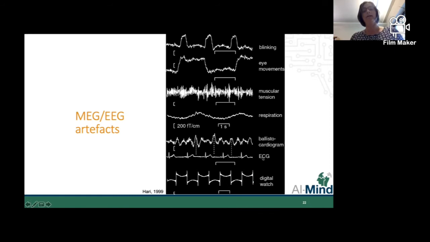We see artifacts related to heartbeat, ECG, and these are particularly visible in MEG magnetometers. Or if we forgot to ask the participant to remove, for example, watches or anything like that, then we might have additional artifacts. So knowing how your artifacts look is always useful.